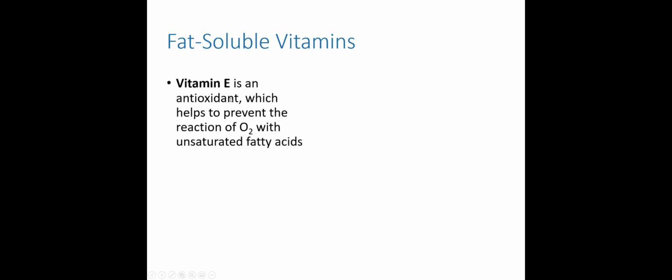Vitamin E is an antioxidant. You'll recall I talked about how oxygen, O2, can actually attack unsaturated fatty acids, specifically polyunsaturated fatty acids, right in between the double bonds. Those hydrogens can be removed, and then when an O2 molecule adds to it, it can cause the fatty acid to start to spoil.